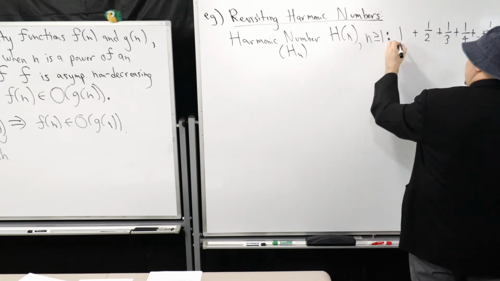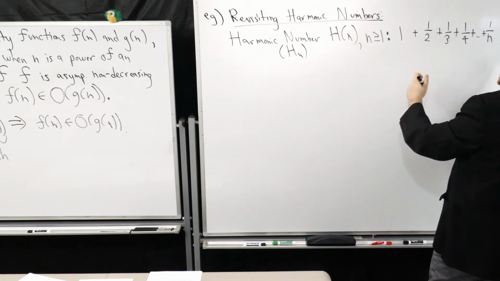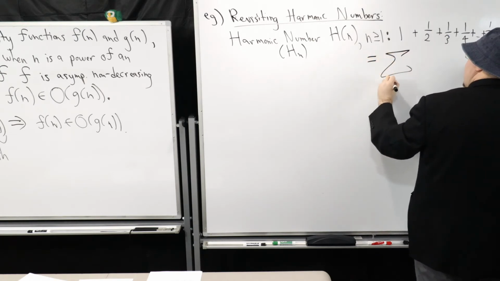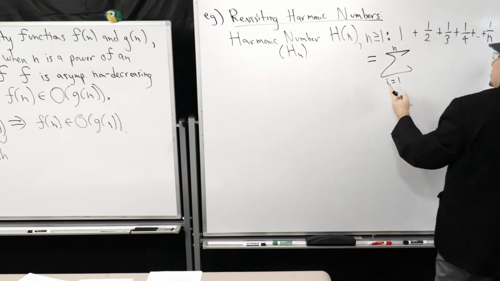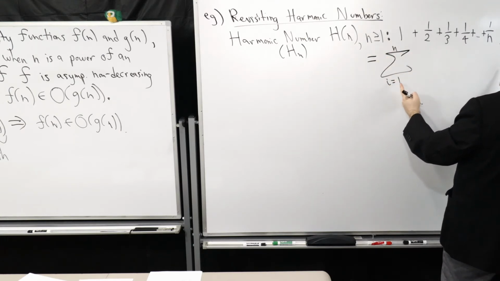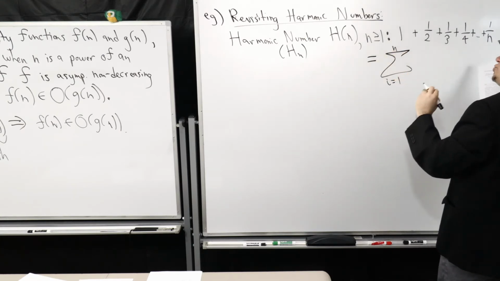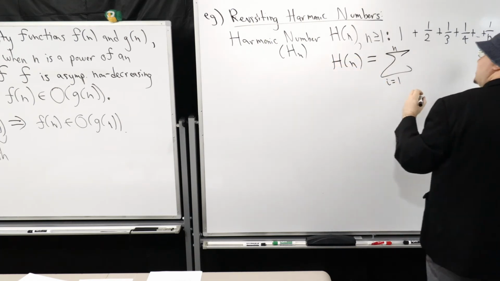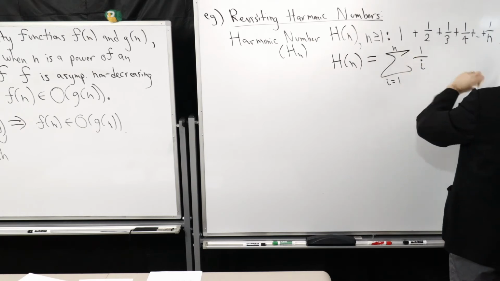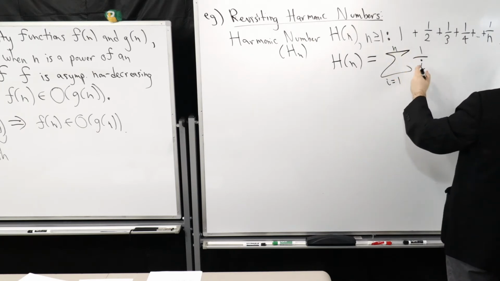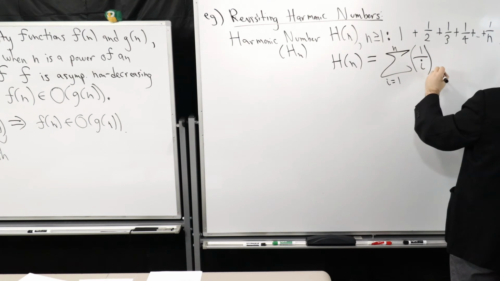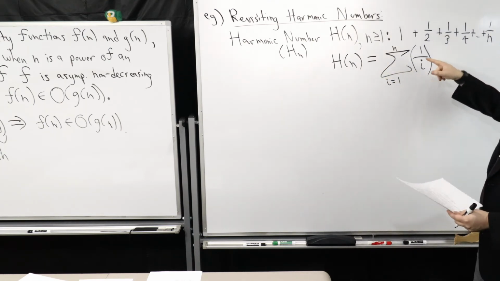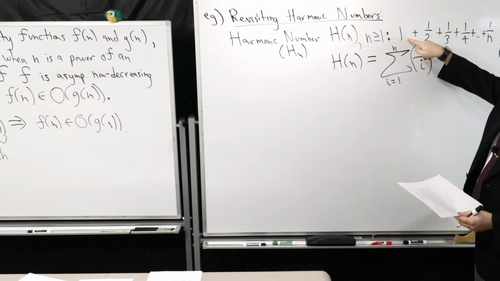If you're savvy with summation, this is equivalent to writing the sum from i equals 1 to n. The lower limit here is saying I'm starting at 1 and I'm going to finish when I get to n. So h of n is equal to the sum from 1 to n of 1 over i. For example, what is h of 1? h of 1 would just be 1.